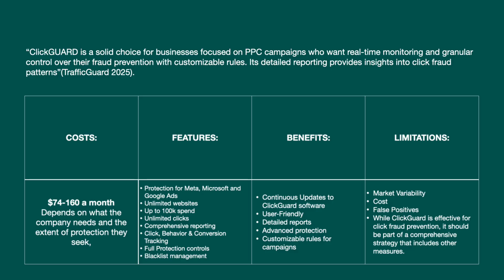According to TrafficGuard, ClickGuard is a solid choice for businesses focused on PPC campaigns who want real-time monitoring and granular control over their fraud prevention with customizable rules. Some of the costs associated with ClickGuard are going to range between $74 to $160 a month. It depends on what the company needs and the extent of the protection that they seek.